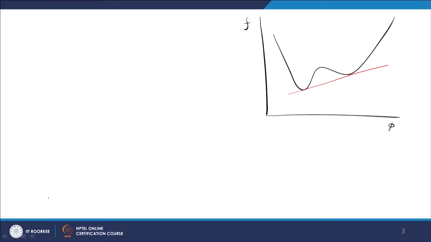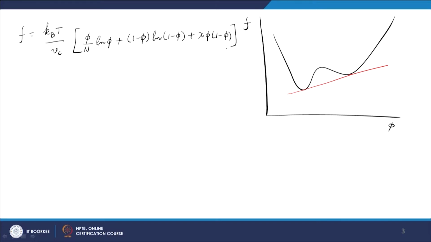So, f is equal to kBT by Vc times phi by n ln phi plus 1 minus phi ln 1 minus phi plus chi phi into 1 minus phi.